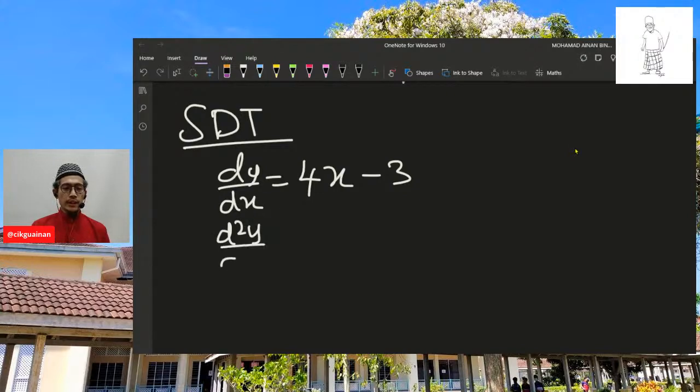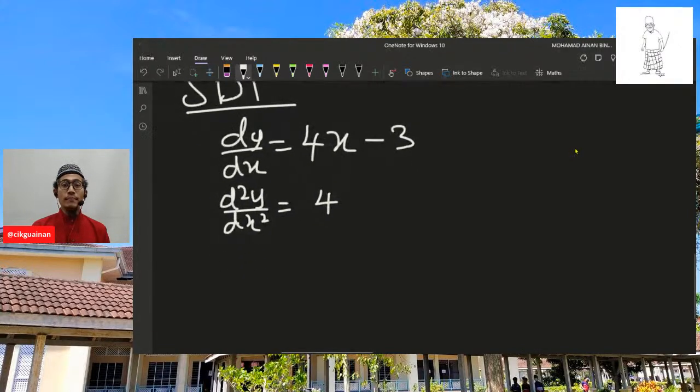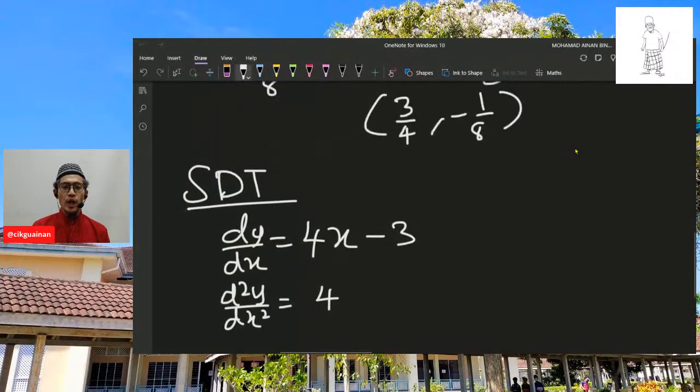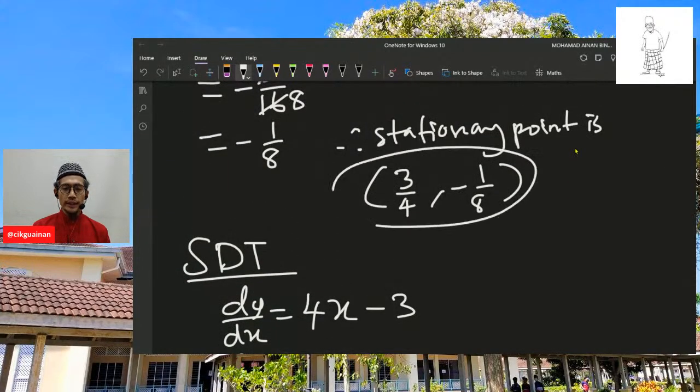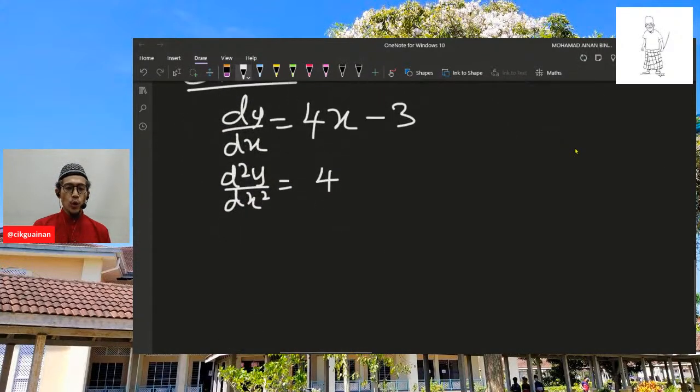The second derivative is this, which is 4. We already have the second derivative. What's next? We substitute the stationary point. Where is the stationary point? Over here, 3 over 4, minus 1 over 8.